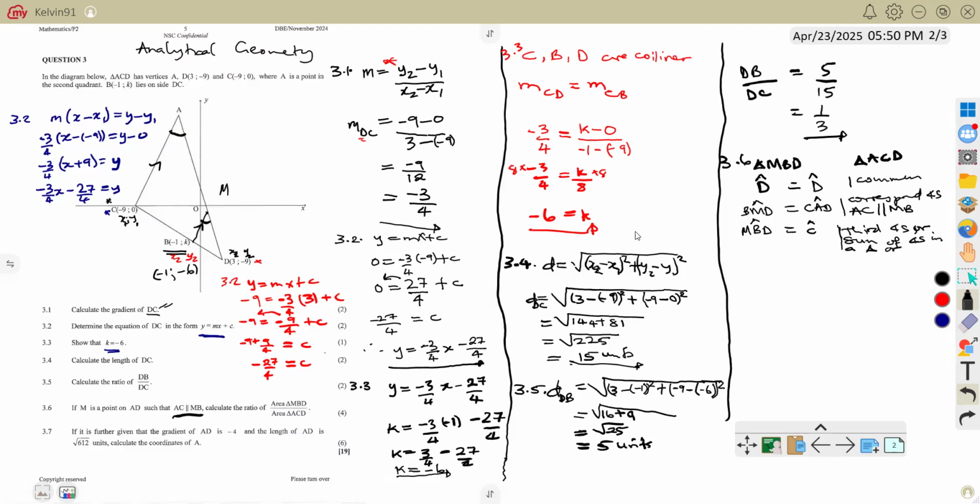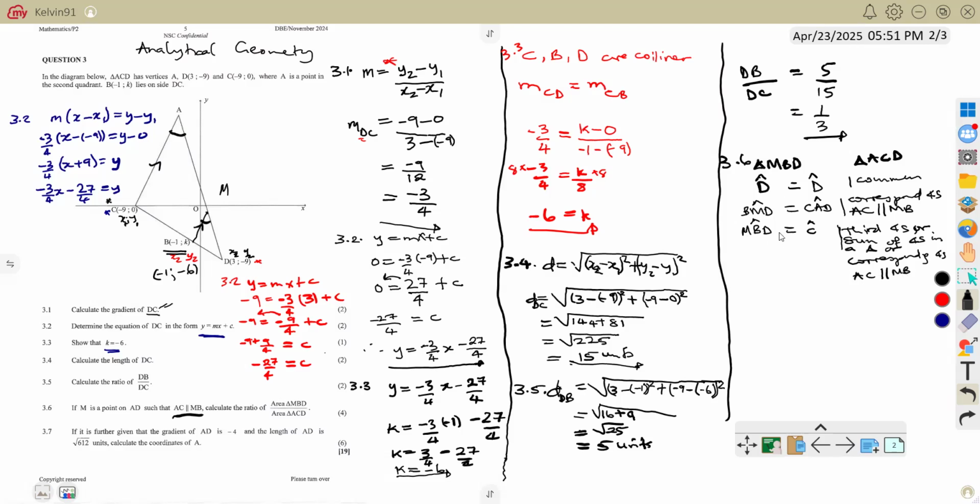Or you can write it as, because we have parallel lines, this angle is equal to that one, so they are also corresponding angles. You can write them as corresponding angles, since the lines AC and MB are parallel.